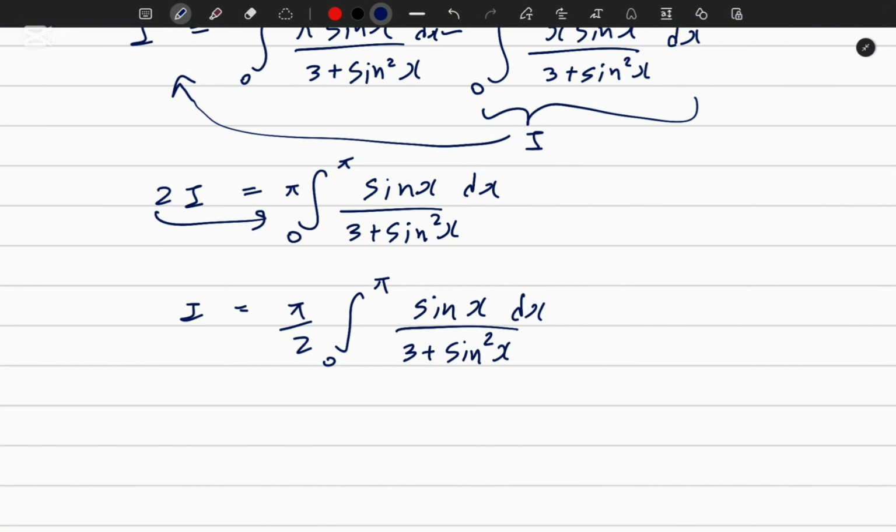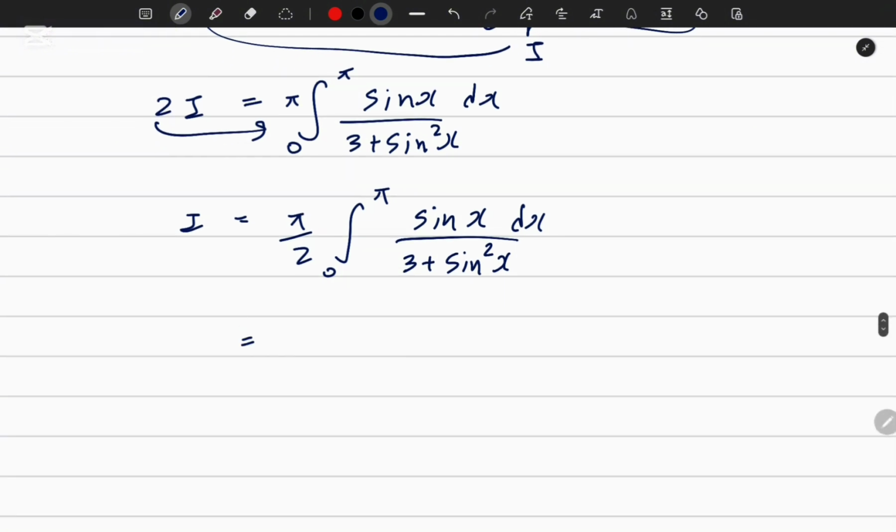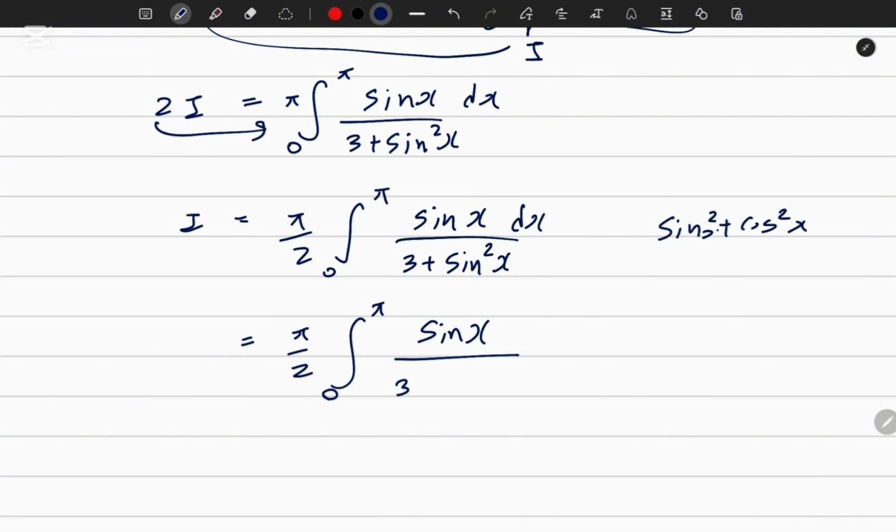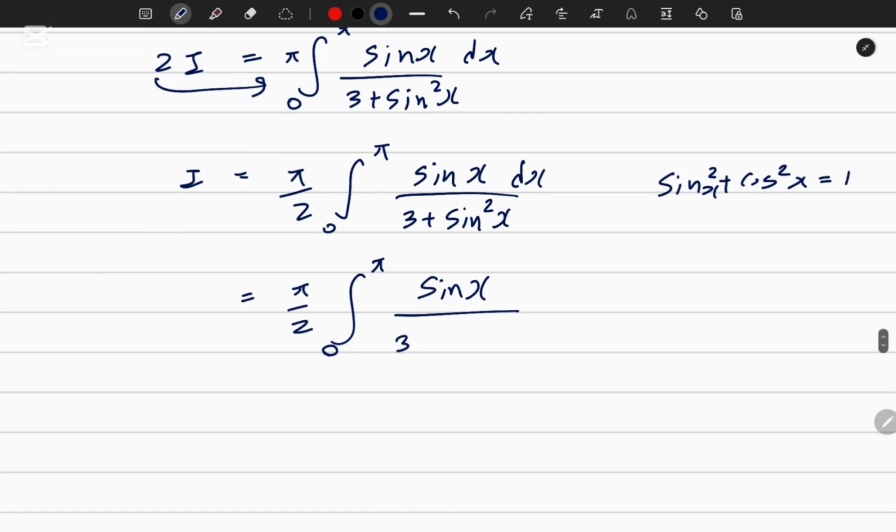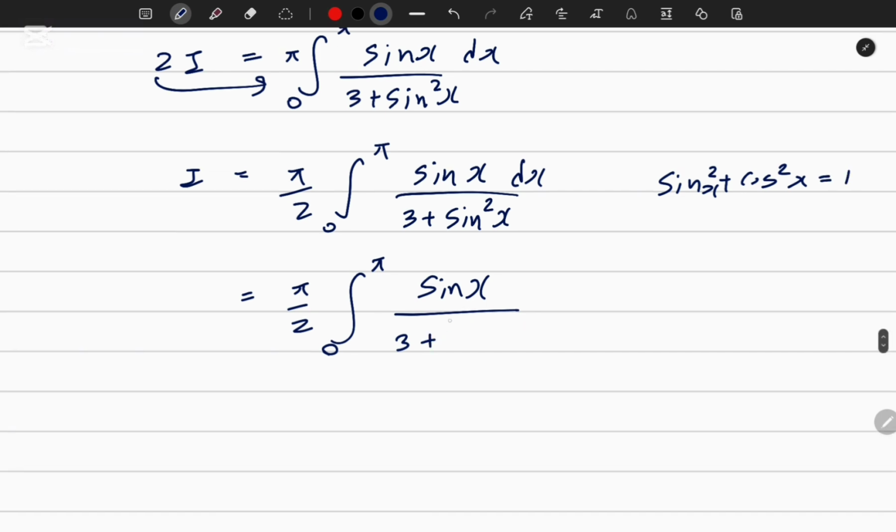Okay, so now I'm going to write 0 to 5 sine x over 3 plus sine square x. Since sine square plus cos square x is equal to 1, I can write sine square x as 1 minus cos square x, right?